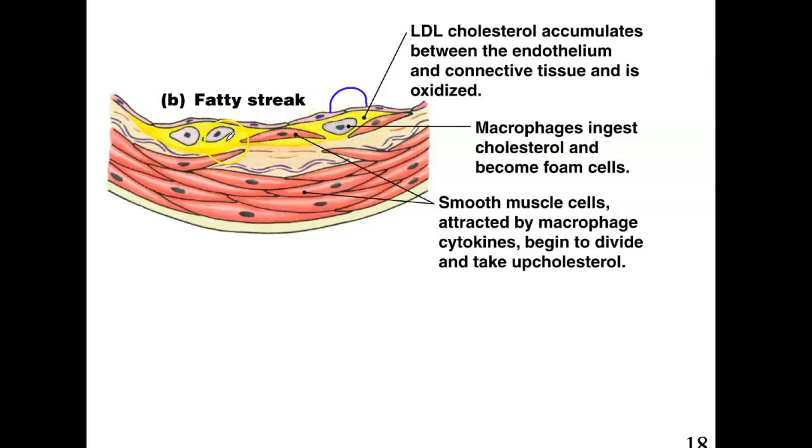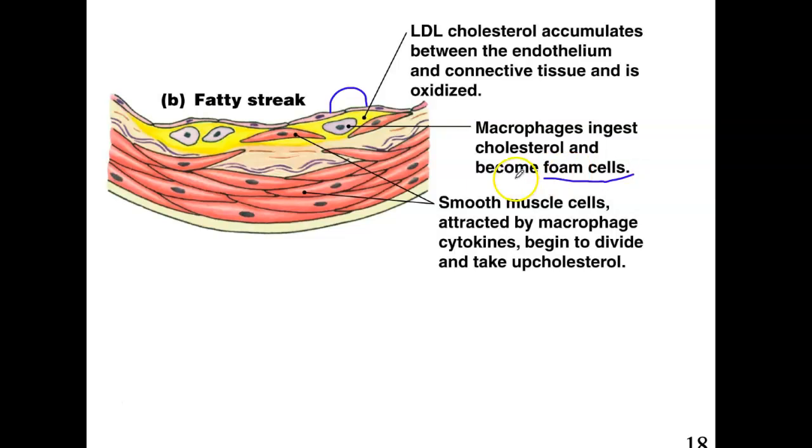So it's sitting in here, and it shouldn't be there. So these macrophages, cells that are migrating towards an area of damage and trying to remove that damage, migrate to this yellow area, to the cholesterol, and start eating up that cholesterol, and they bloat up and look like a little foam cell. So the term there is foam cells for those macrophages that have ingested some of that cholesterol.